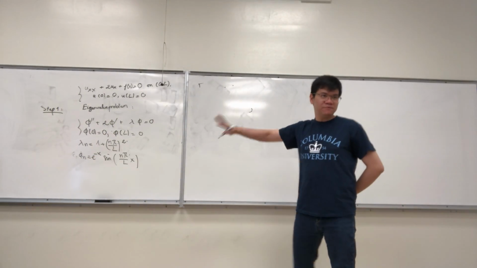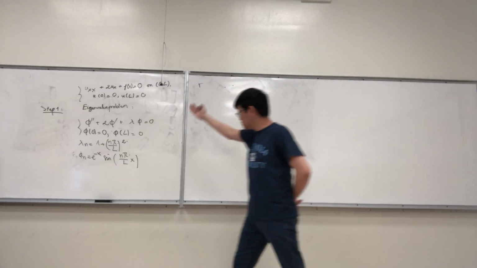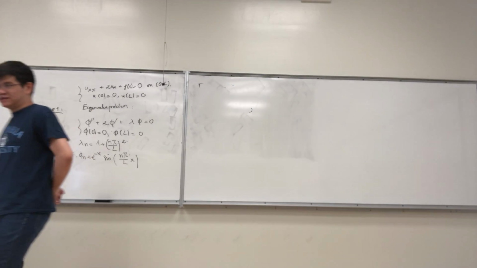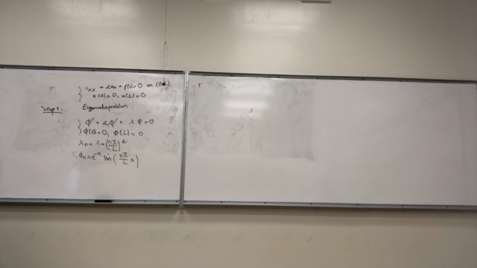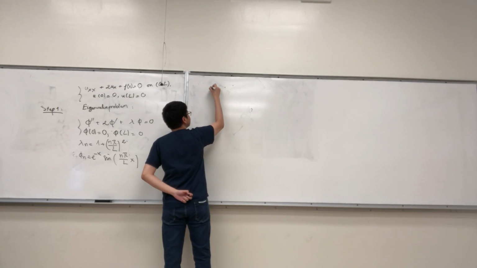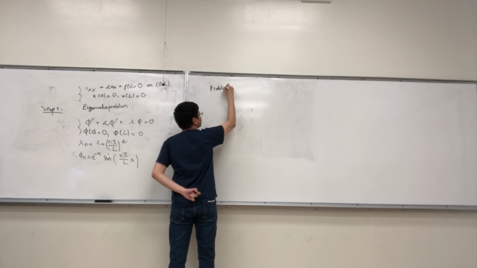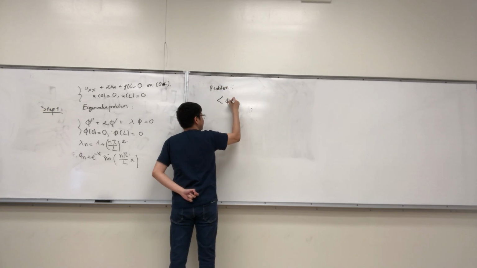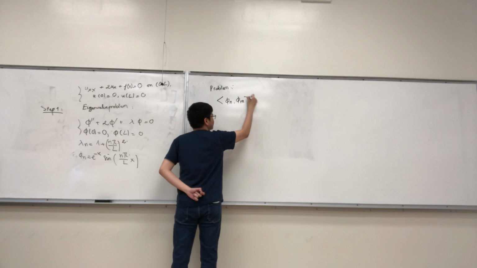This is what we did in the previous class, and this is also problem 3 in midterm 2. So the problem now is that phi_n and phi_m are not orthogonal.